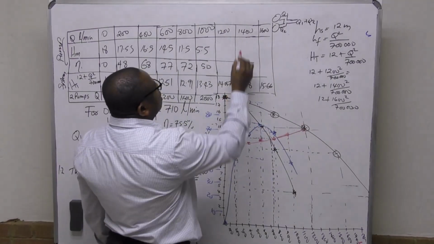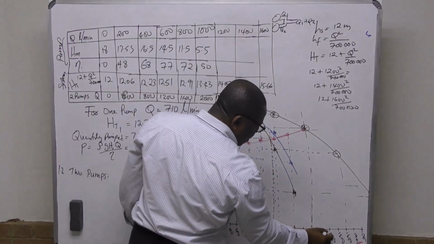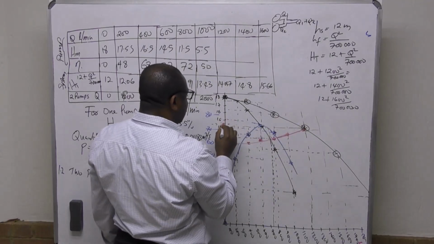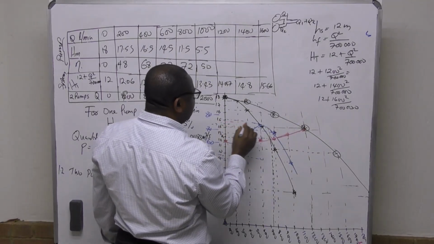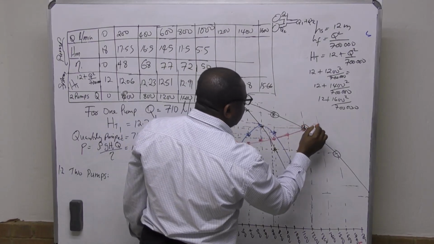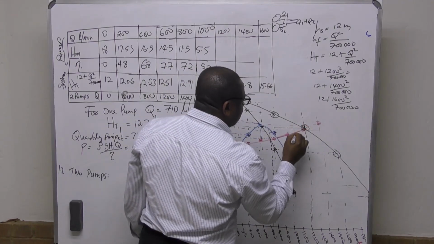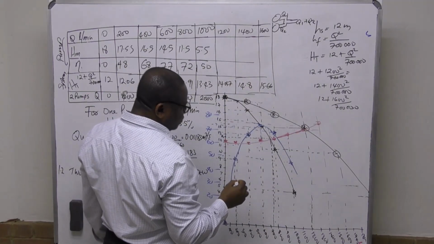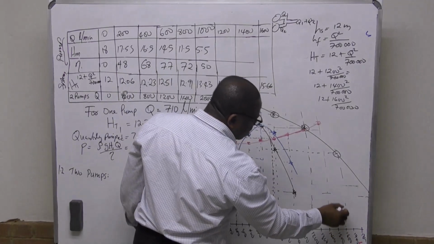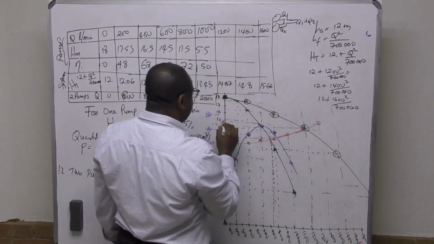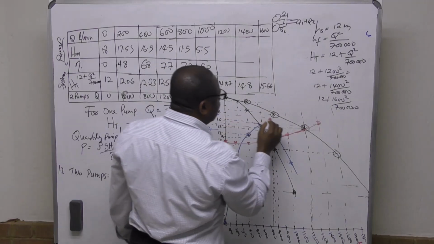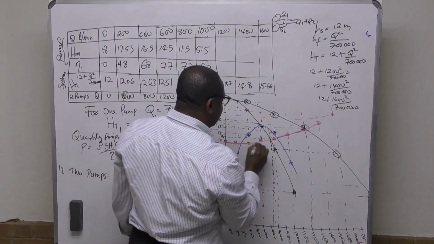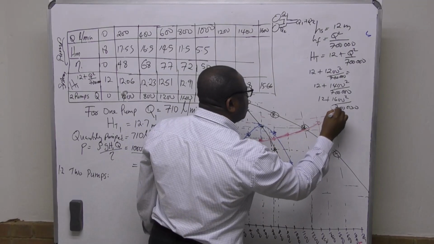Let's see, 1,400, 14.8, is almost here, somewhere there. 1,600, 15.6, somewhere there. So you get this as a system characteristic.